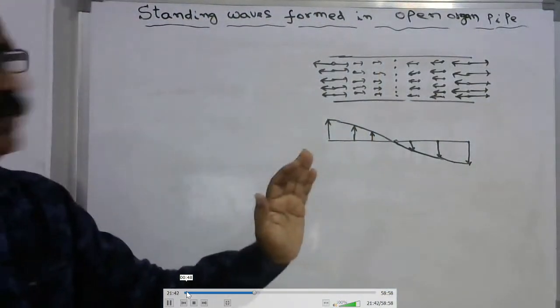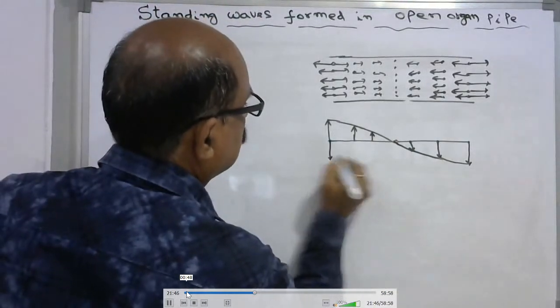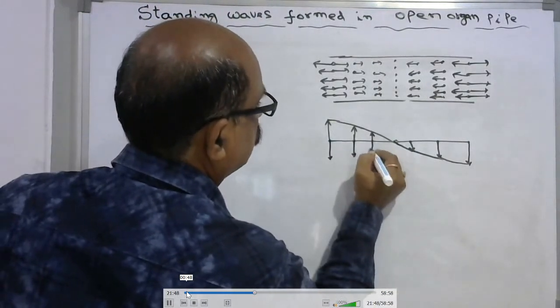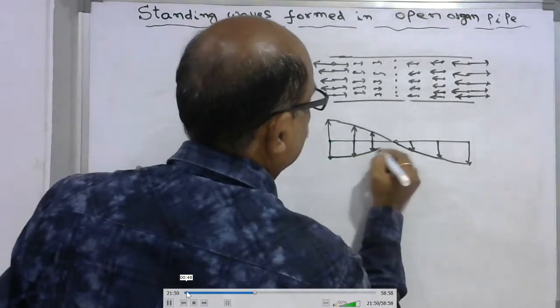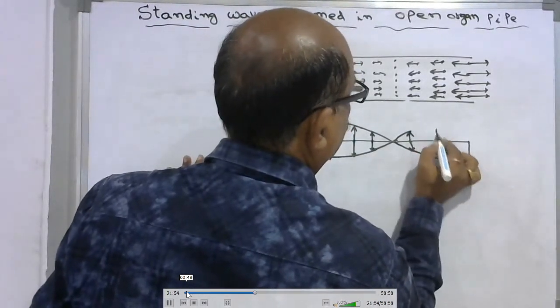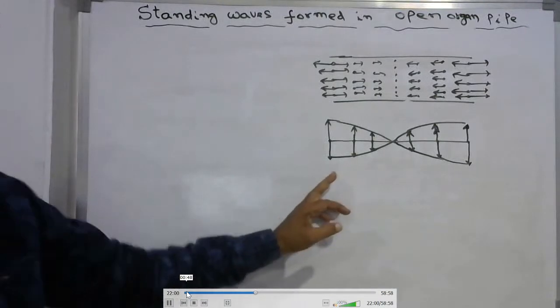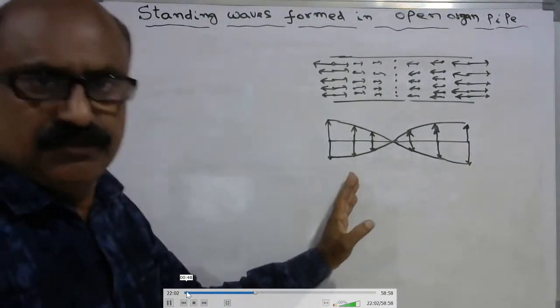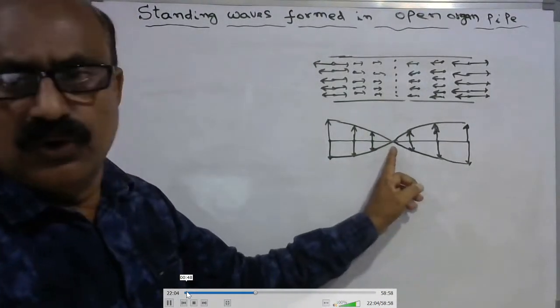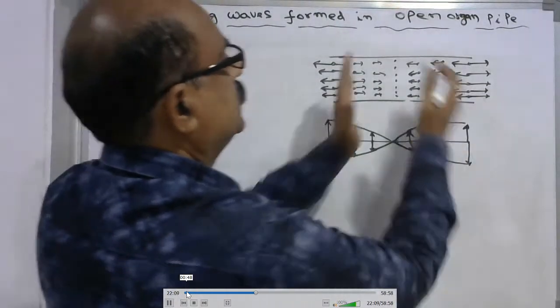This is how, and in the other direction it comes in the reverse way, and you will get a wave like this. So this is how you get a stationary wave with a minimum of one node and two antinodes.